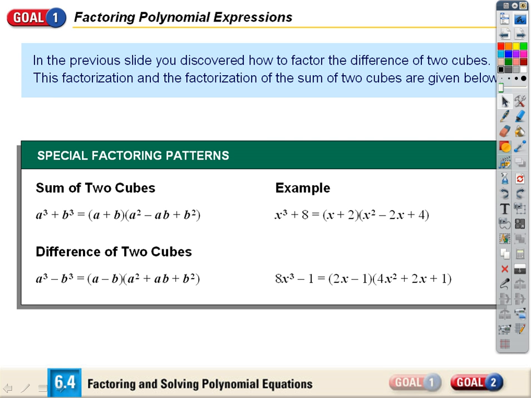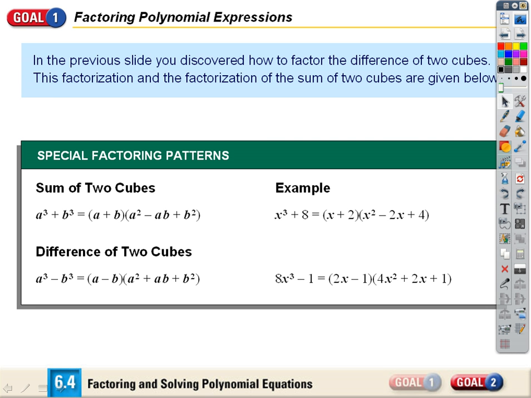But we could take examples like this then. What if I had x cubed plus 8, for example? Now I ask myself the question, whenever I see two terms added together like that, does it fit this pattern? Can I write it this way? Well, I can.